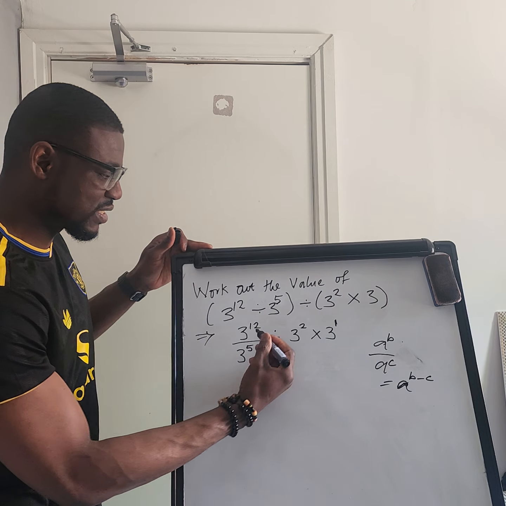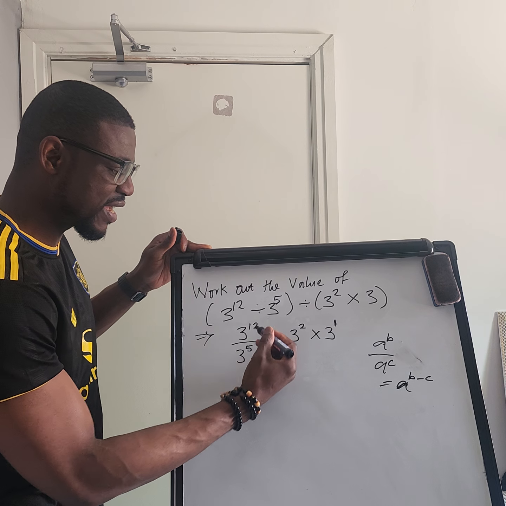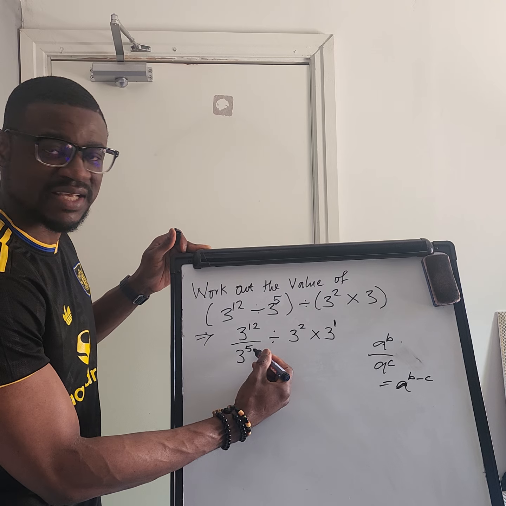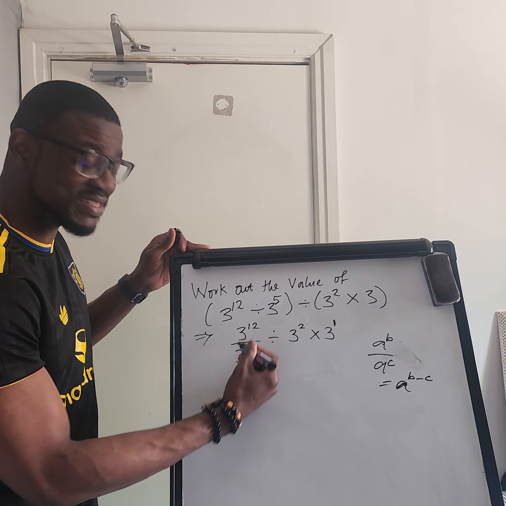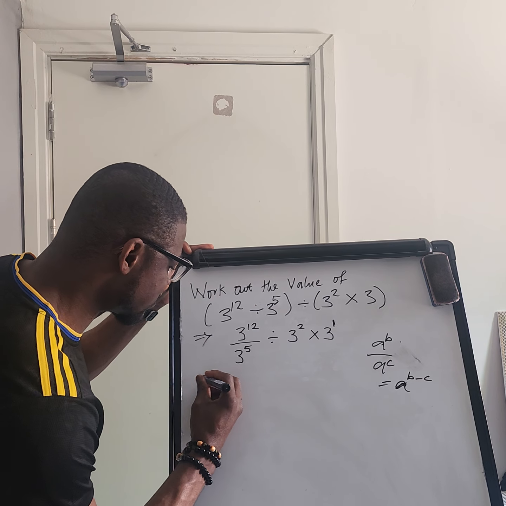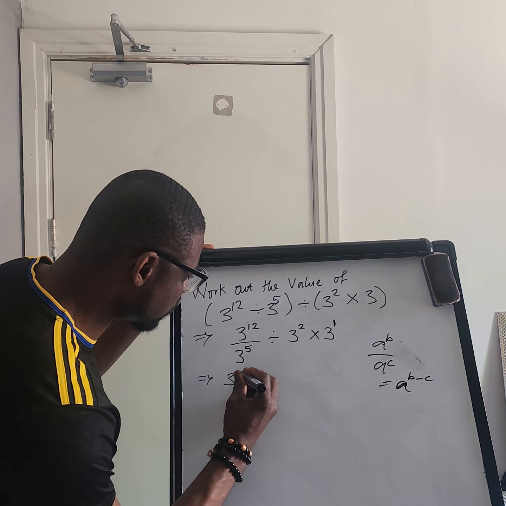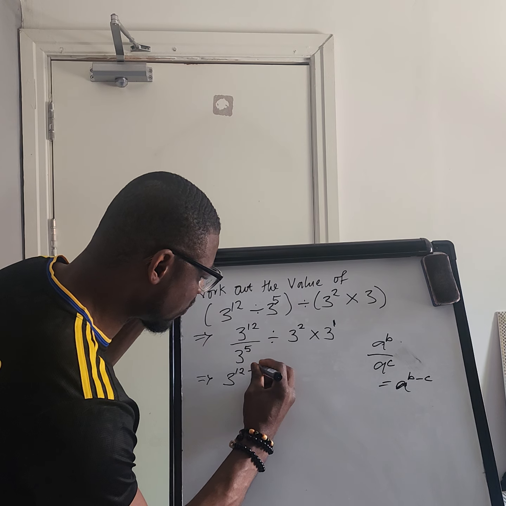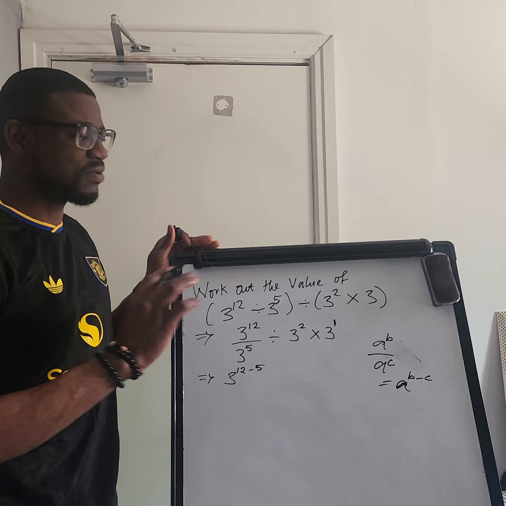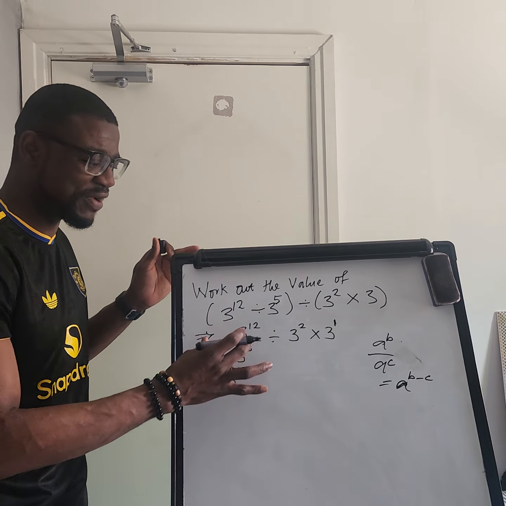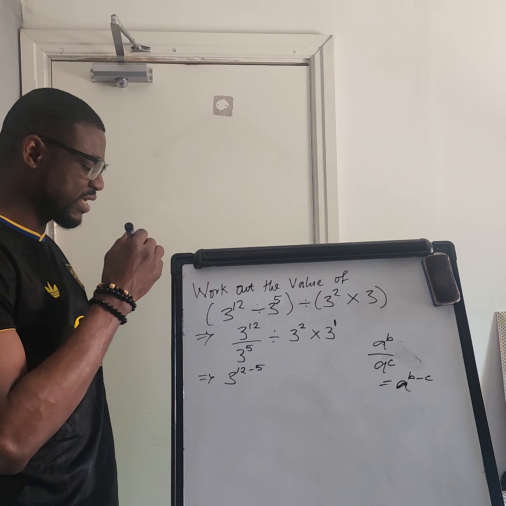So if you look at this, 12 is the exponent here, 5 is the exponent here. Because the bases are the same, we are going to write it as 3 raised to power 12 minus 5. That's it. You've done that. So you have satisfied this part of the expression.